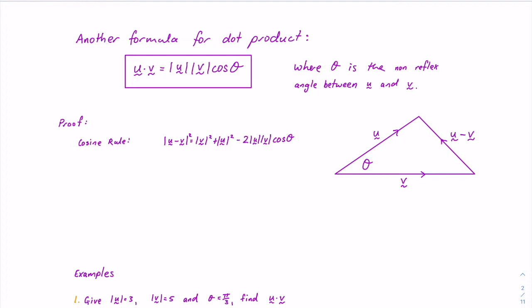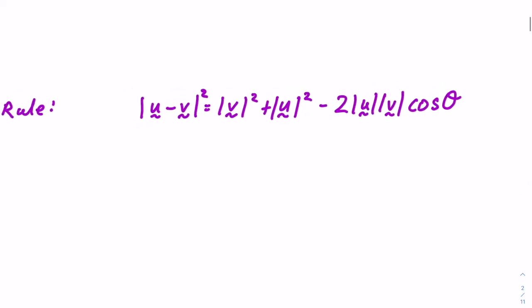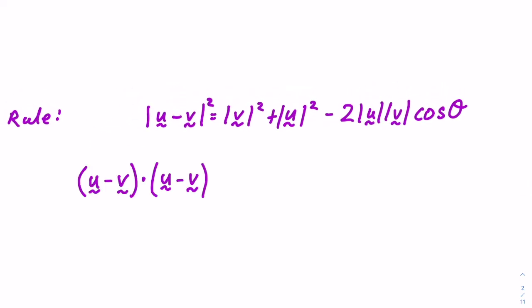And we're just going to apply the cosine rule to that. So the length of this side squared is equal to the length of this side squared plus the length of that side squared minus 2 times the length of that one times the length of that one times the cosine of the angle between them. That's on our reference sheet. Now, just looking at this, we said here that the magnitude squared is equal to the dot product times itself.